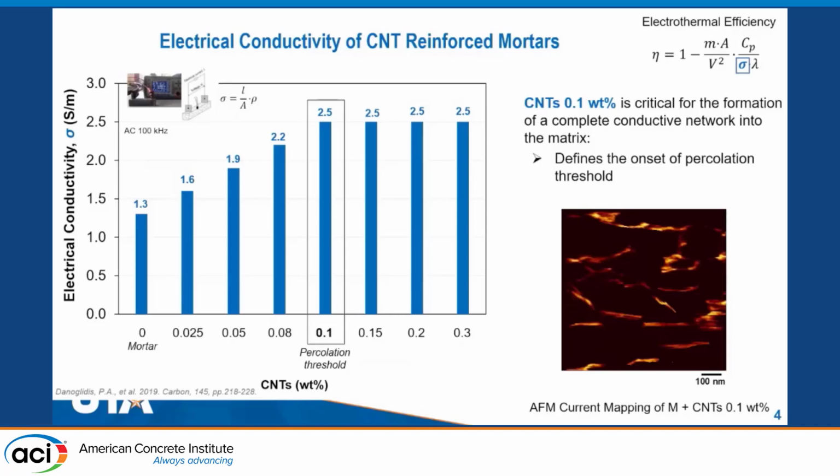After this amount, the electrical conductivity values reach a plateau. Essentially, what I'm showing here is the percolation threshold, which is around 0.1% per weight of cement for this type of carbon nanotubes.